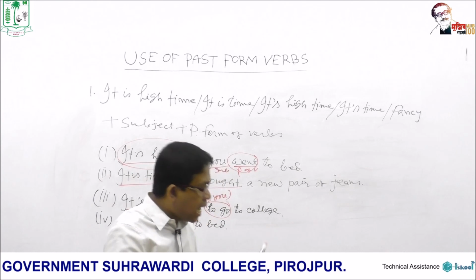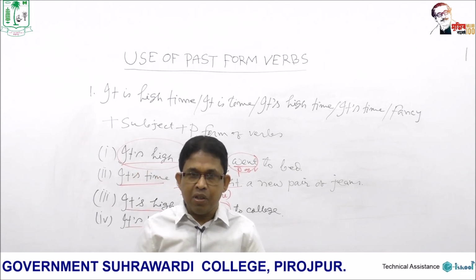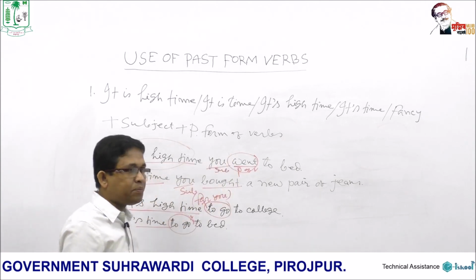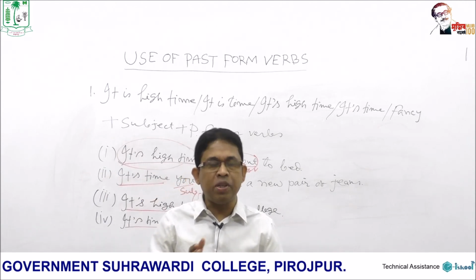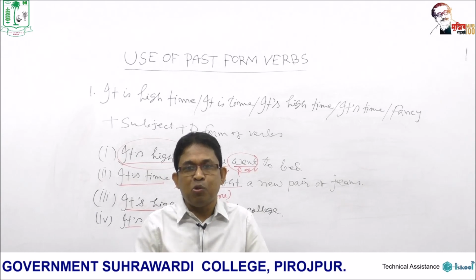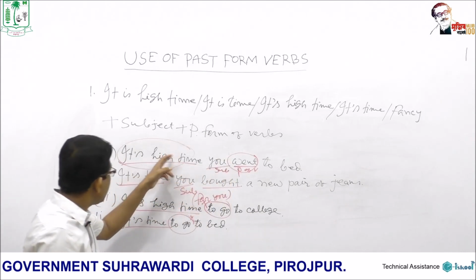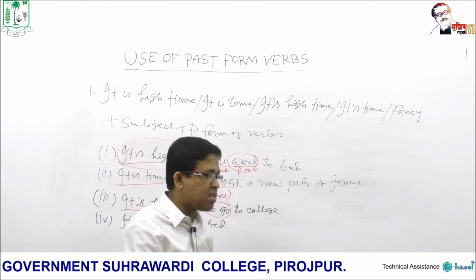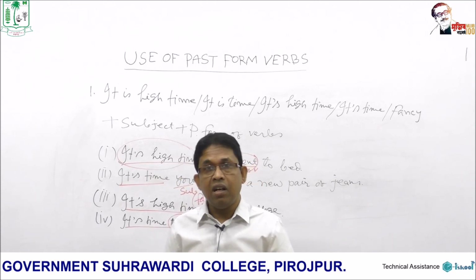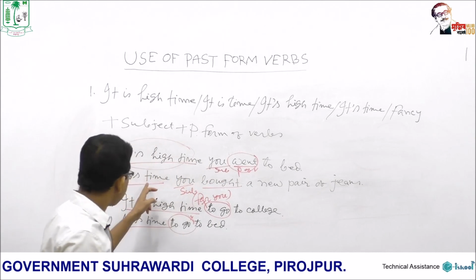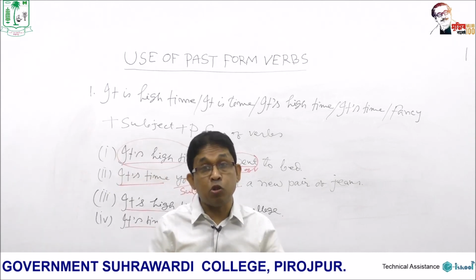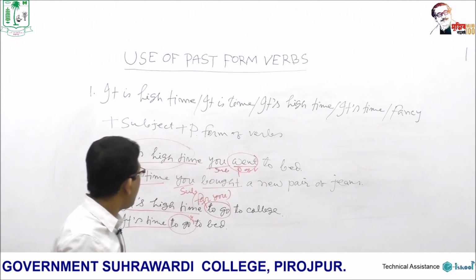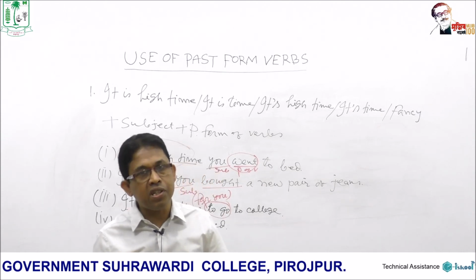But if there is it's time, it expresses something to be done, but we are still in time, that is, we are not late. So the difference between it's high time and it's time is the duration of time. It's time also expresses something that should be done right at the moment, but we are still in time. This is the basic difference between it's time and it's high time.